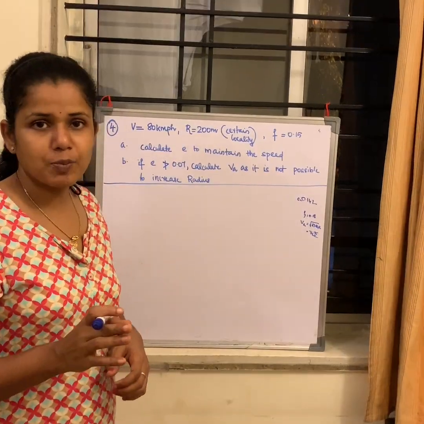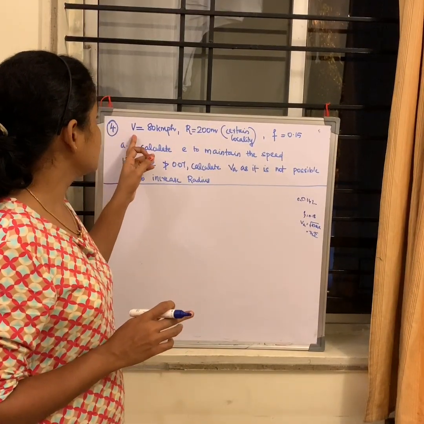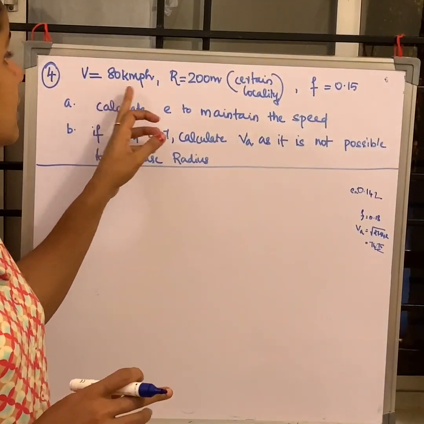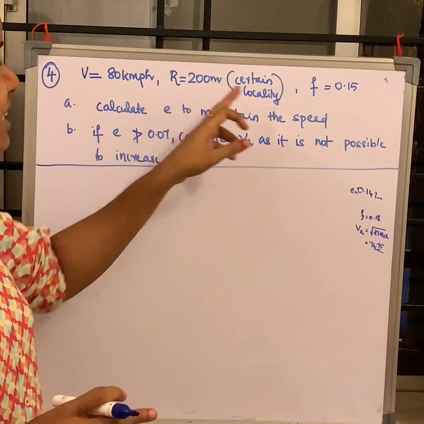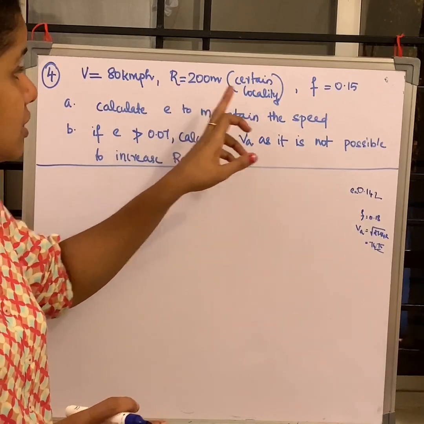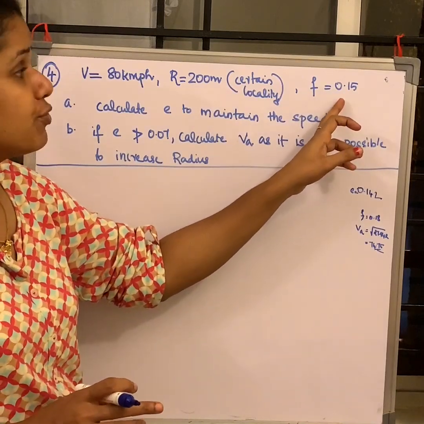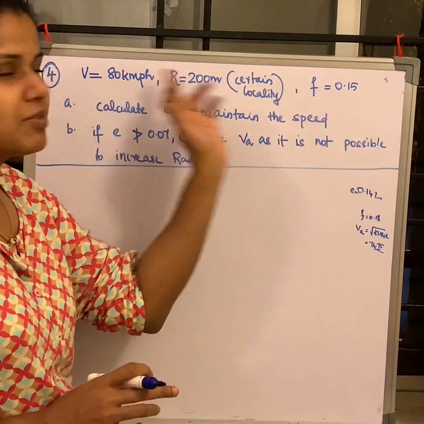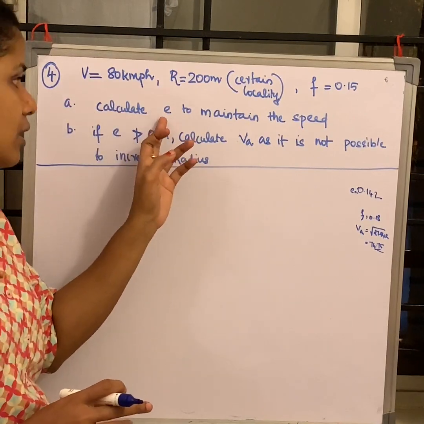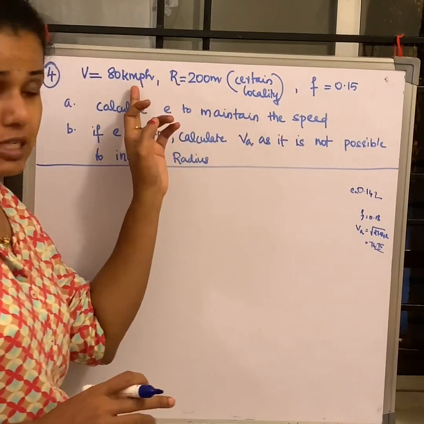Let's take another problem. The design speed of a highway is given as V equal to 80 km per hour, and the horizontal curve at a certain locality has a radius of 200 meter. The design coefficient of friction is given as 0.15. I have just written down the data. So calculate the superelevation required to maintain the design speed.